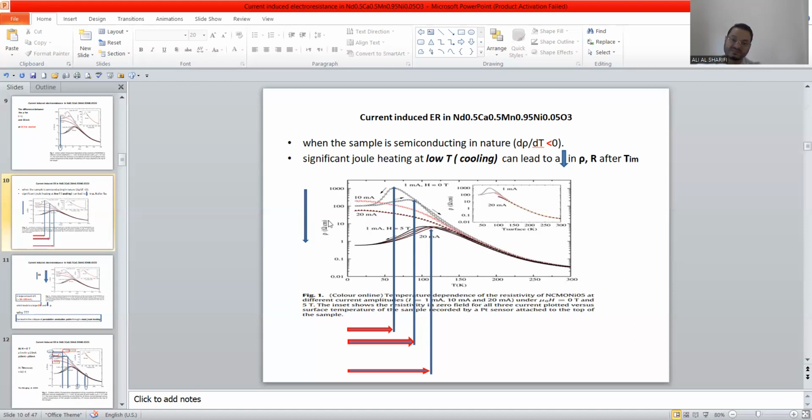Here, what does that mean? That means the resistivity is decreasing. All of these at the cooling period at less than the insulating metallic transition.